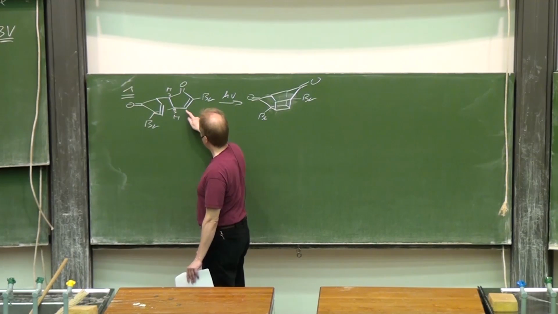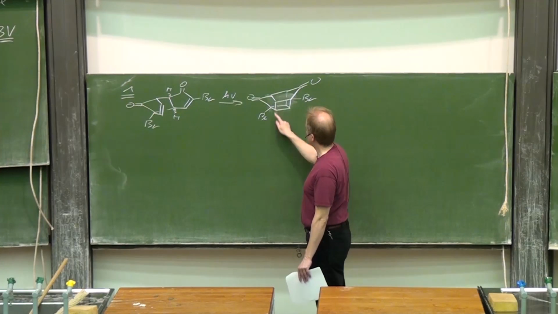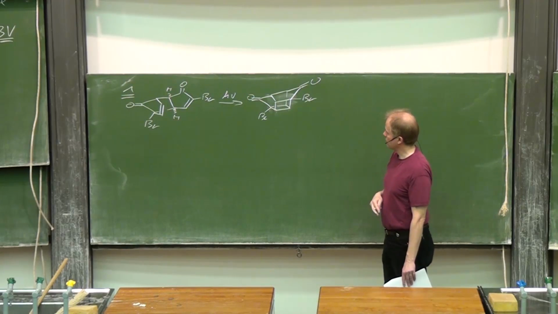At the same time, also here, a four-membered ring is formed. One four-membered ring and the second one.